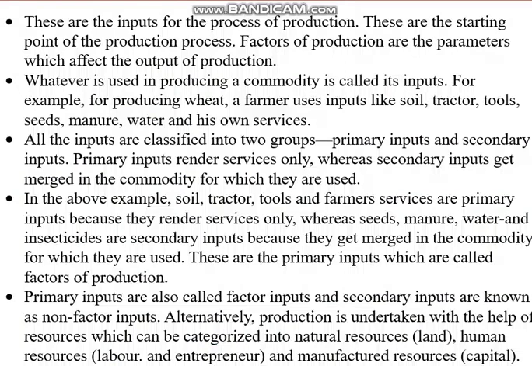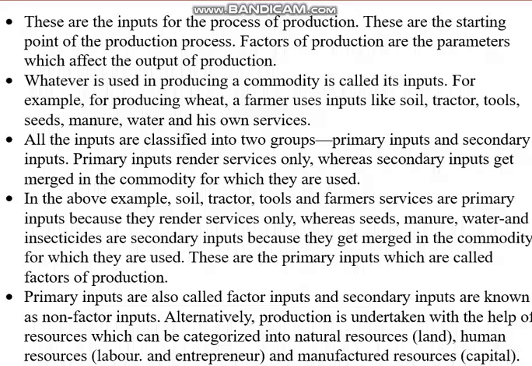For example, for producing wheat, a farmer uses inputs like soil, tractor or bullocks, and tools, implements for tilling the ground and plowing.